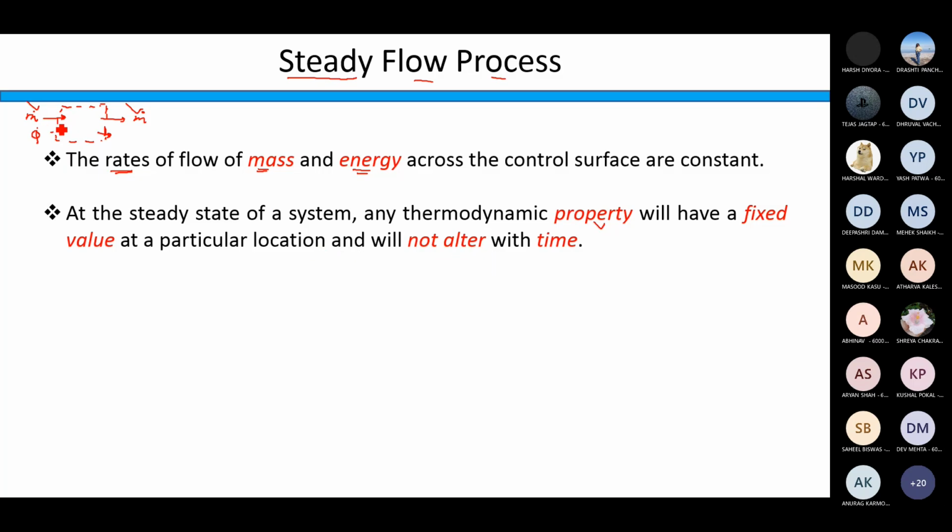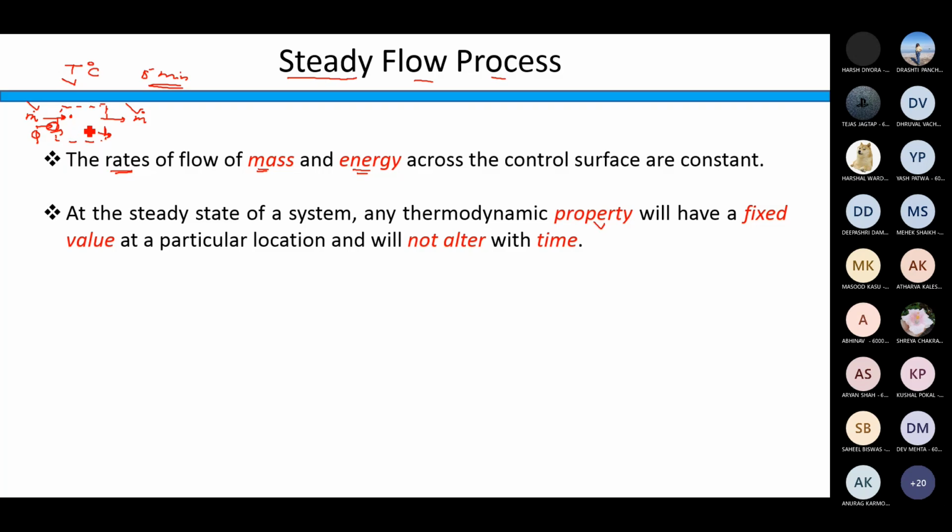For example, if water is entering through this, and I am looking at this point, and let us say the temperature of the water is T degrees C. So this temperature will be T degrees C, and it will not change with respect to time. If I see right now it is T degrees C, and even after 1 minute or 5 minutes, it will remain T degrees C at this particular location, then I will call this a steady state of a system.